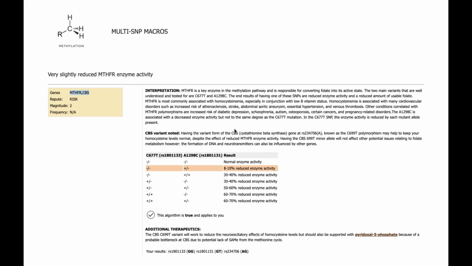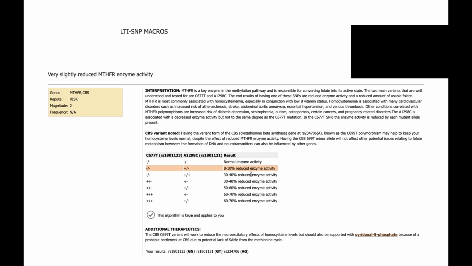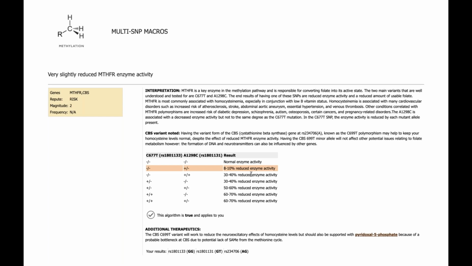What Opus23 Explorer will do is give you an exact amount of enzyme activity that has been reduced based on the two major MTHFR SNPs, which also takes into consideration CBS, because they're all connected. It'll tell you there's about an 8 to 10% reduced enzyme activity. The way I would look at this is that you're functioning at about 90 to 92%. So perhaps MTHFR is not the holy grail or the culprit of what's actually ailing you.